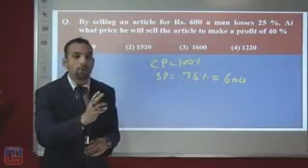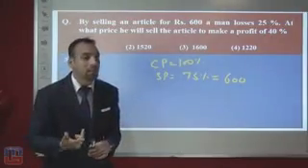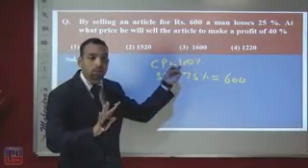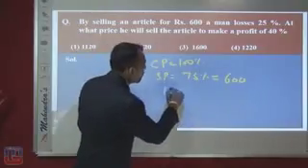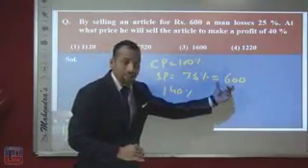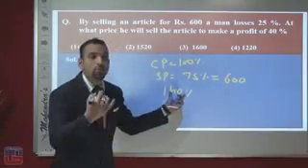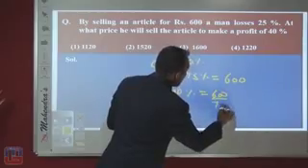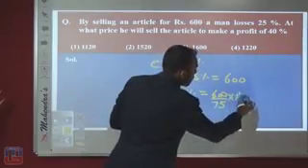If we have to make a profit of 40%, then we have to sell the article at 140% because CP is 100%. So we have to find the value of 140%. If 75% is 600, then 140% will be equal to 600 by 75 into 140.